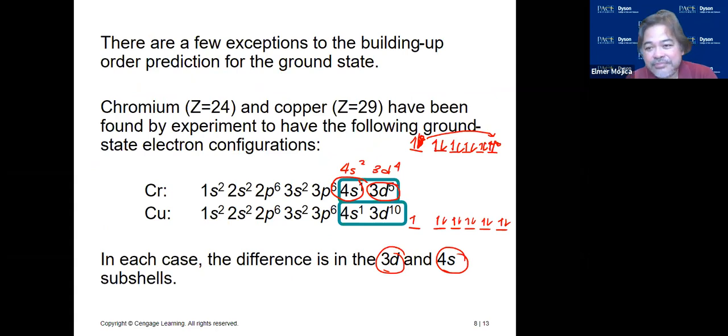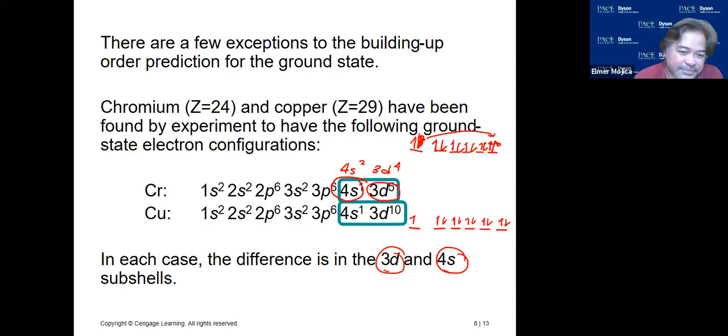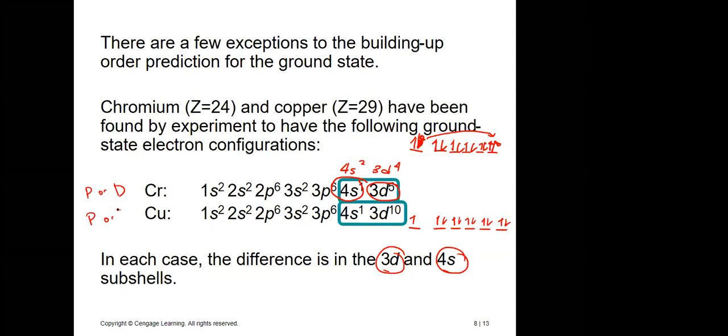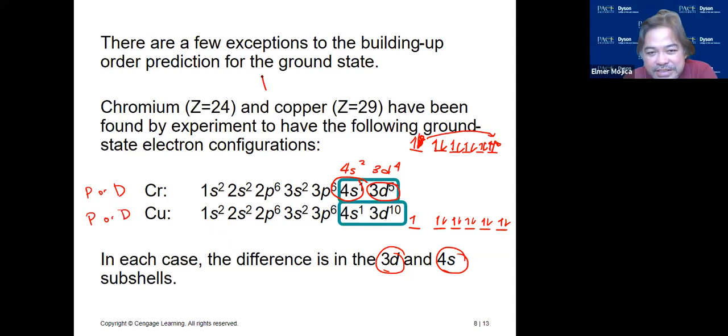Is chromium para or diamagnetic? Paramagnetic. So what does the para mean? You need at least one unpaired electron there.